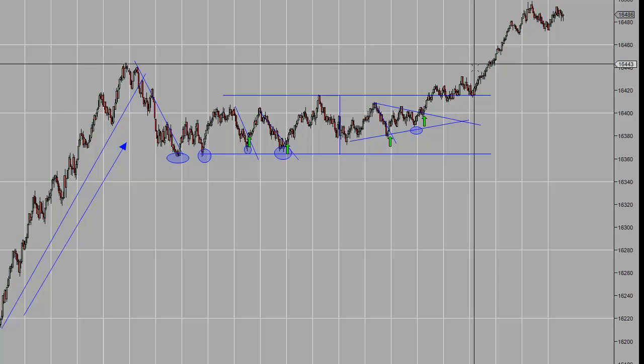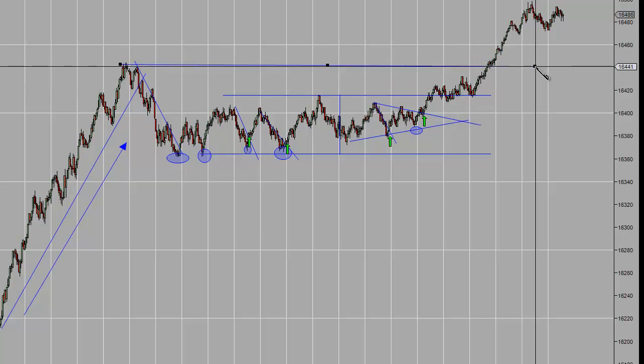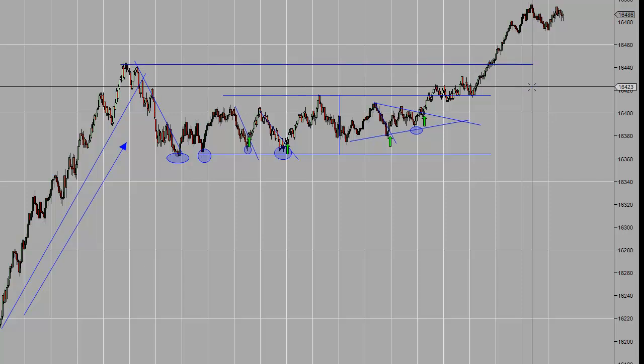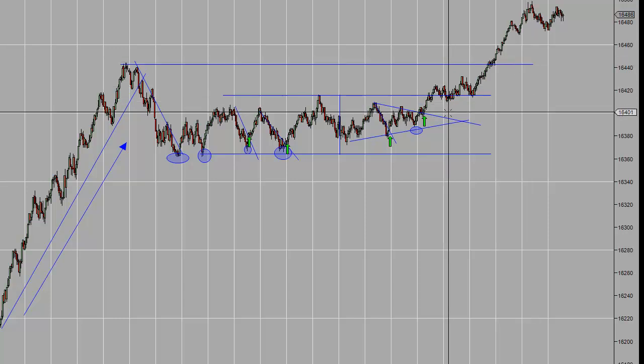I held this trade until the previous top, which if I draw it right here is at 16,444, with a fill around 16,401.